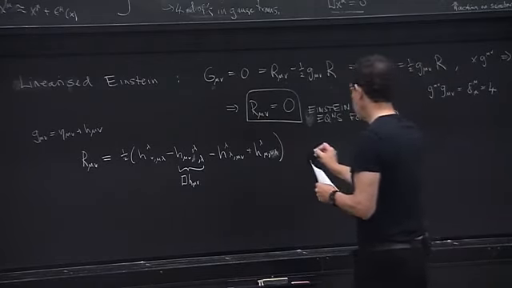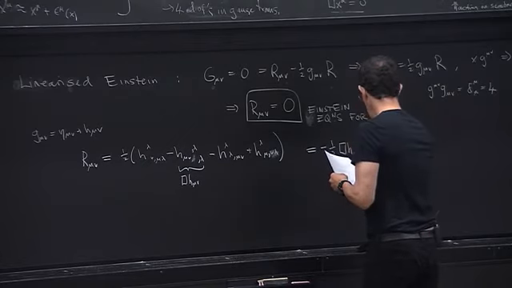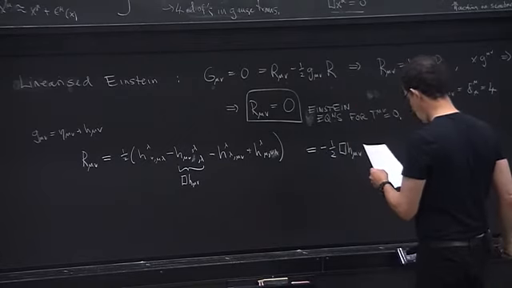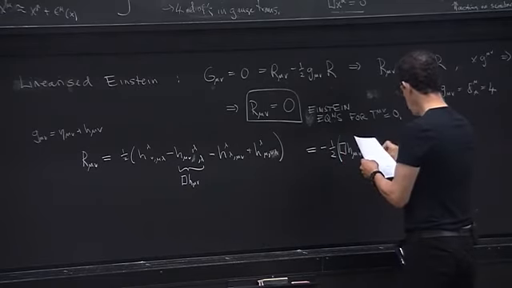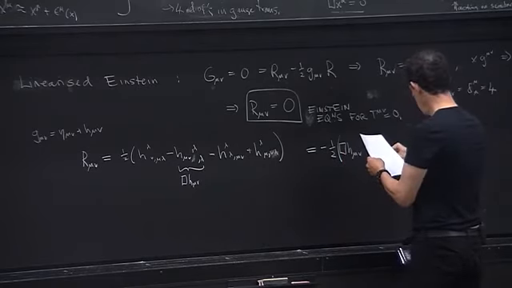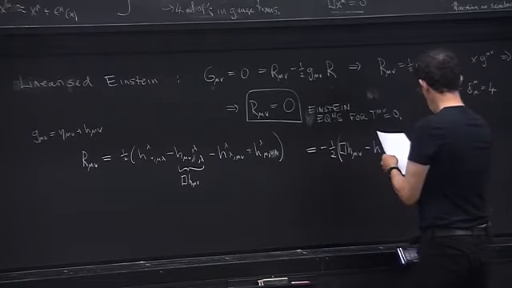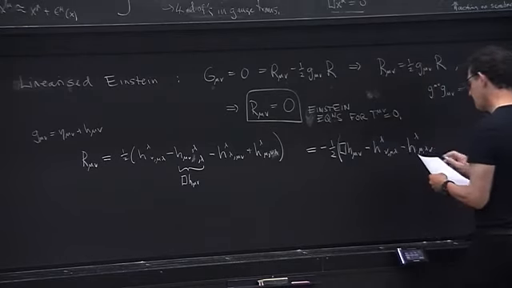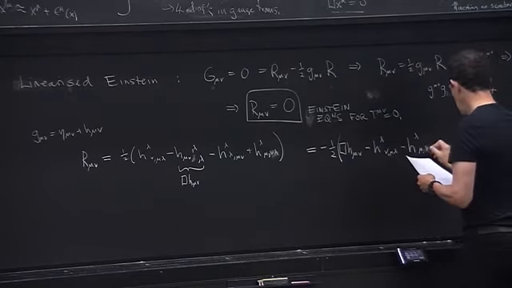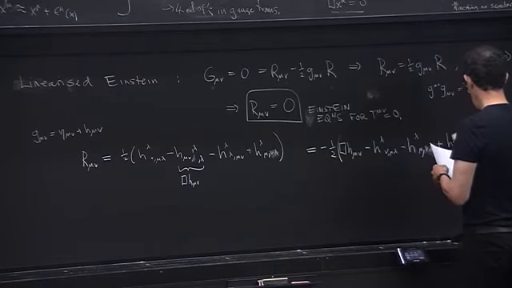So let's reorganize that. We get minus 1/2 box h mu nu, and then we have minus h lambda nu comma mu lambda minus h lambda mu comma lambda nu, or nu lambda, and then we have plus h lambda lambda comma mu nu.